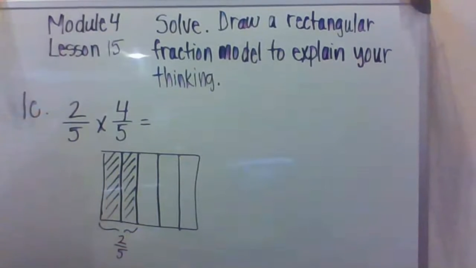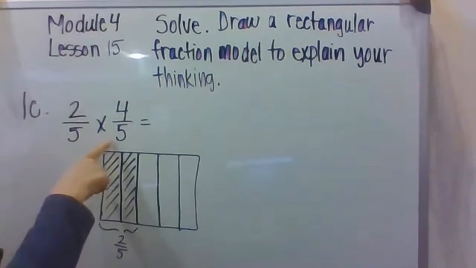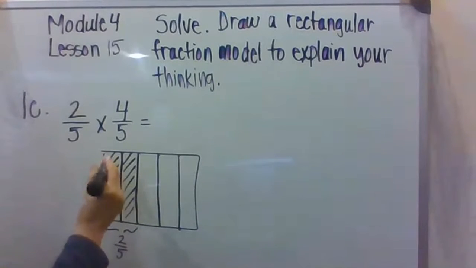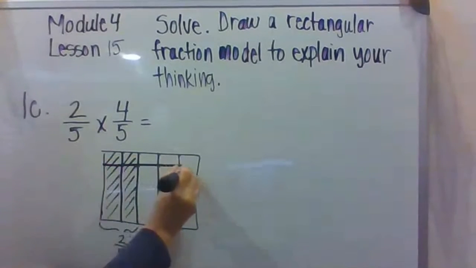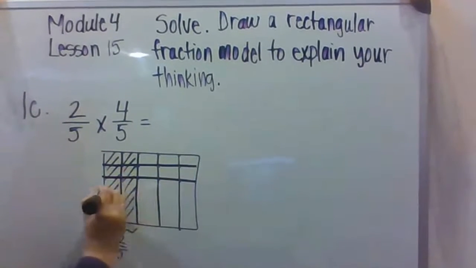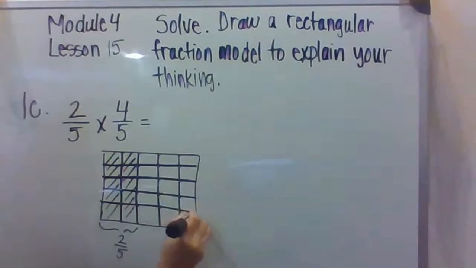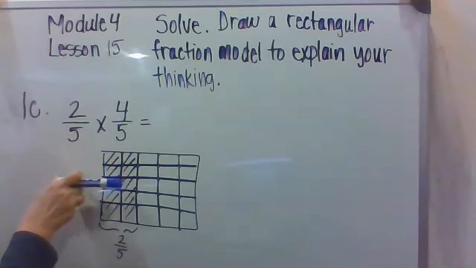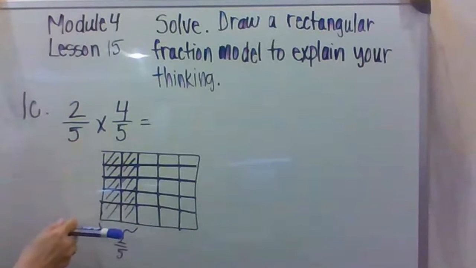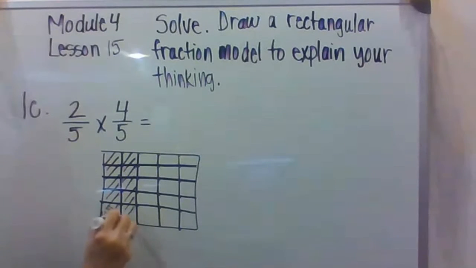Okay. So then it says to take my 2/5 that I have right here and chop it up into how many parts? 5 equal parts. So 1, 2, 3, 4. So I've got my 1, 2, 3, 4, 5 equal parts going this direction. How many do I shade in? 4 of them.